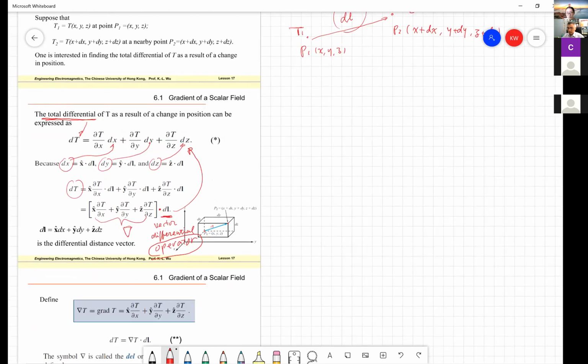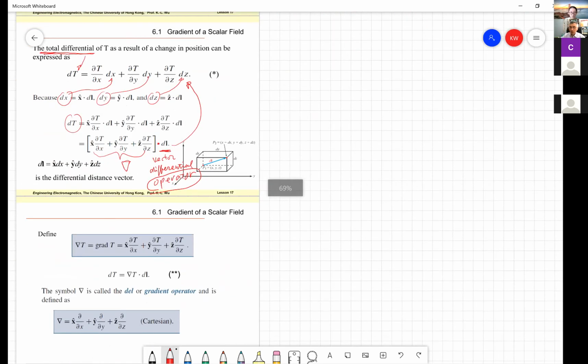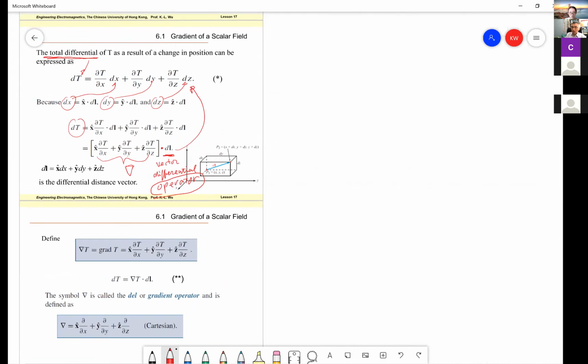In short, we can write the total differential in this way. This operator I gave a name, I call it the gradient.